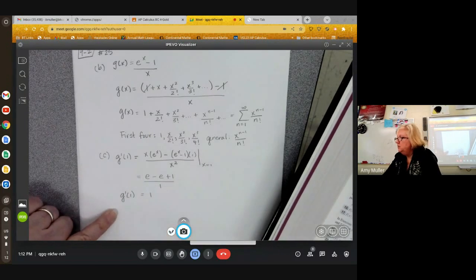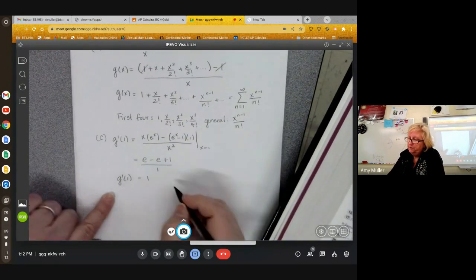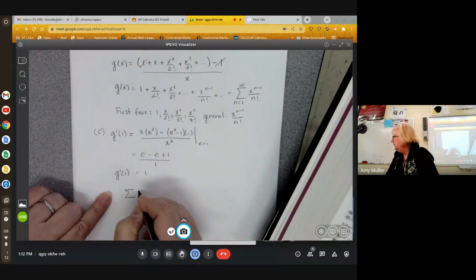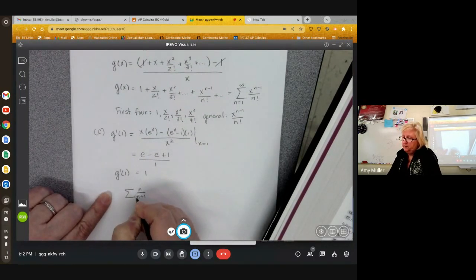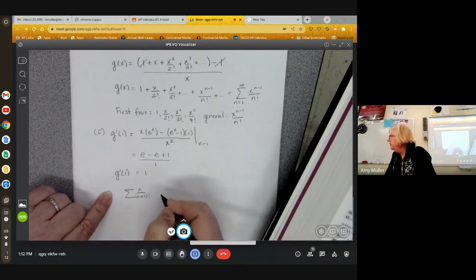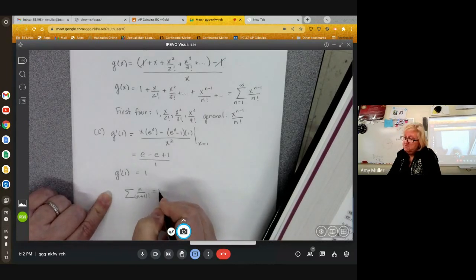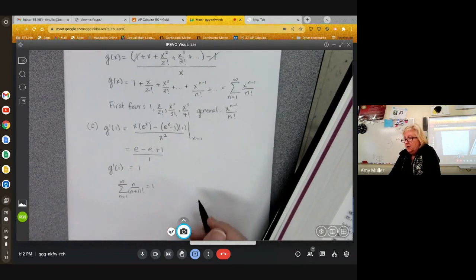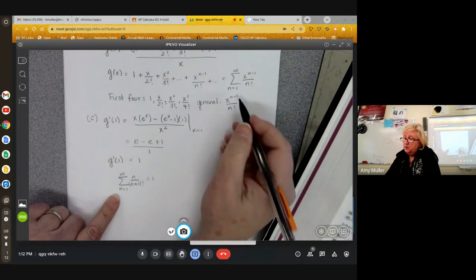But they want us to use that information to prove this. So they say, well, what is the sum from n equals 1 to infinity of n over n plus 1 quantity factorial? Does it equal 1? Well, I don't know what this is, but I do know what this is, right?